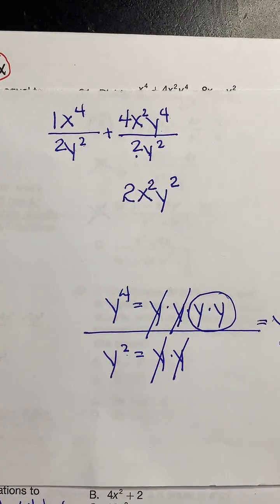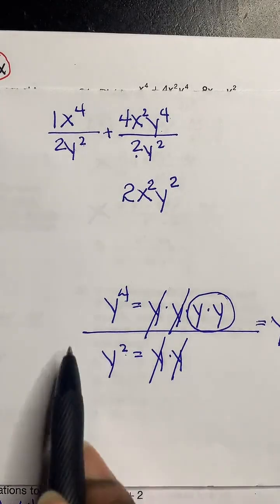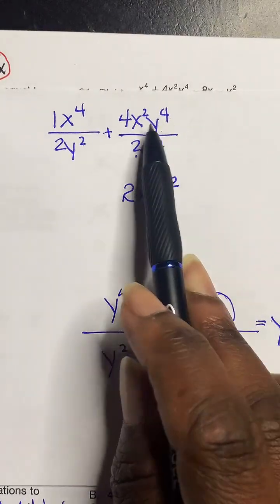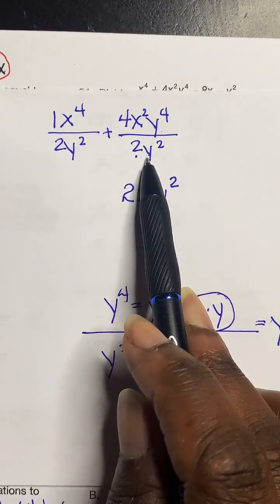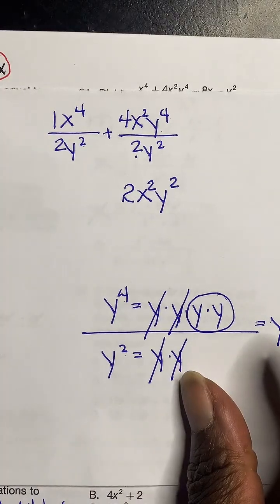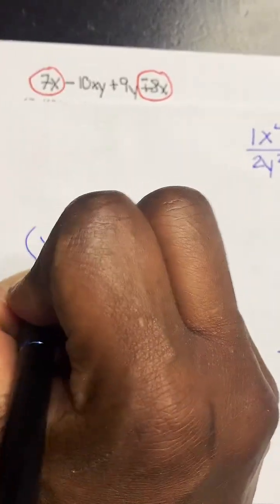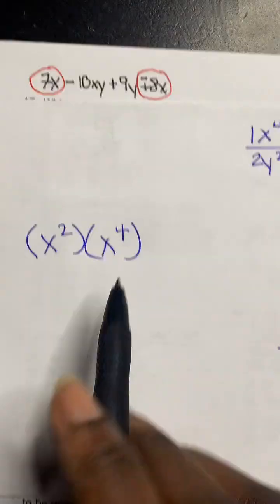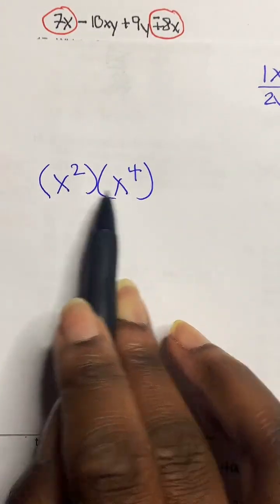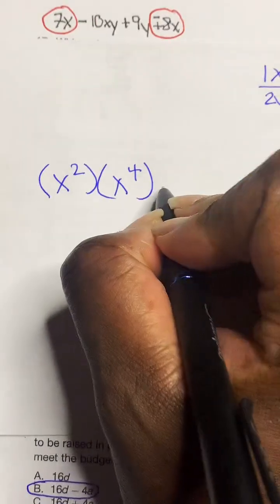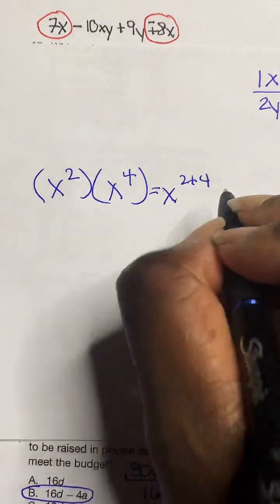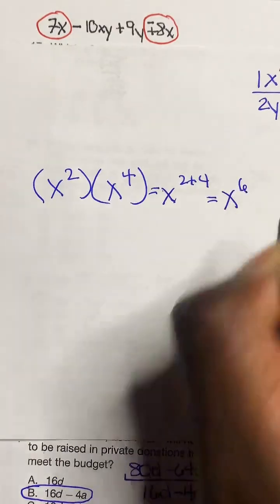Yes, so division bar means, when you see the bar, that means division. Now, when you're dealing with exponents, when you're dividing, you subtract your exponents. When you are multiplying, if I have x squared times x to the 4th, when they have the same base, you add the exponents, which gives you x to the 6th.